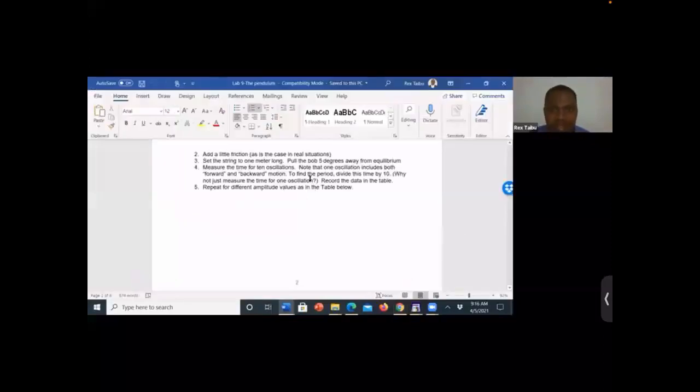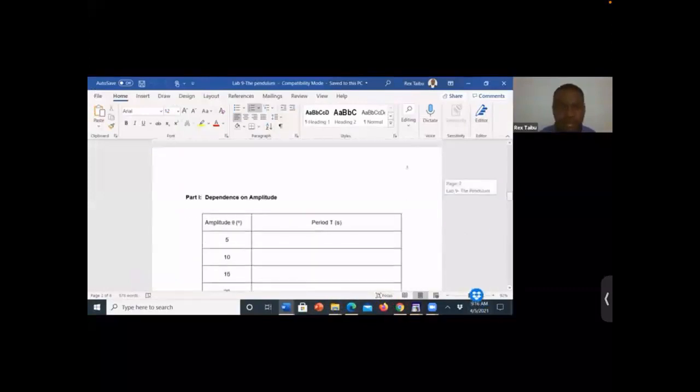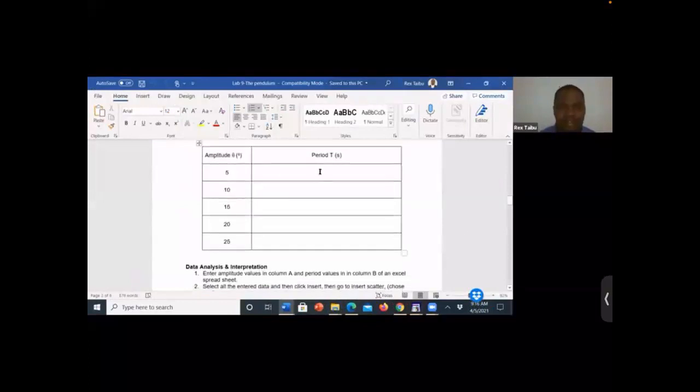So let's see what's next in the instructions. The instructions tell us that to find the period, divide this time by 10. The period is the time for one complete oscillation. So we divide by 10, then we get our period. Okay. So at 5 degrees, the period is 2.045.